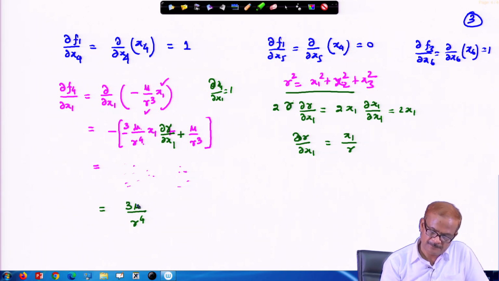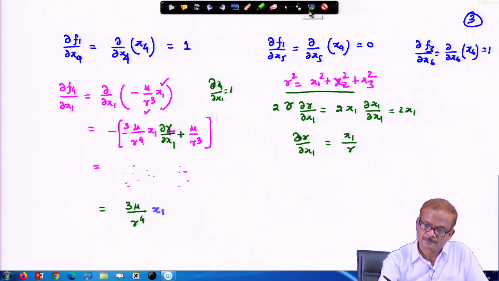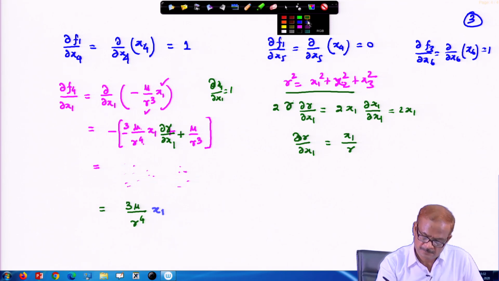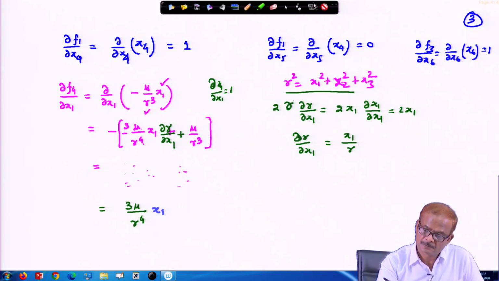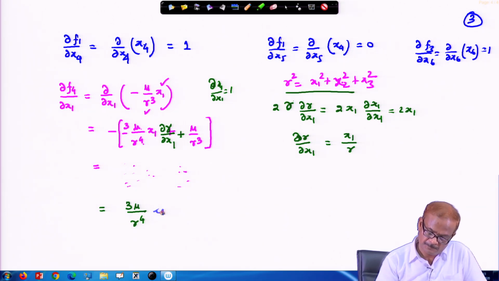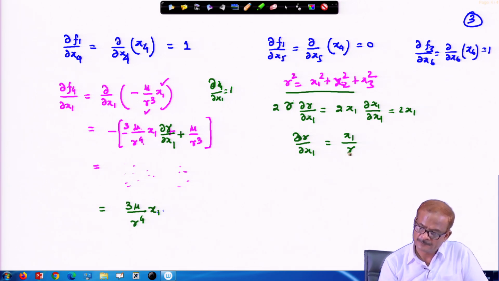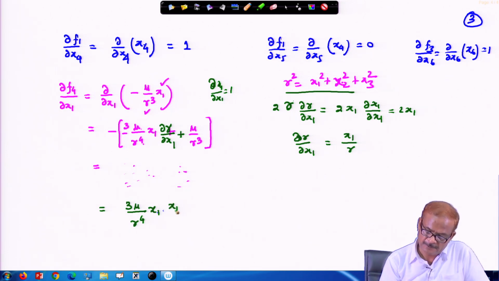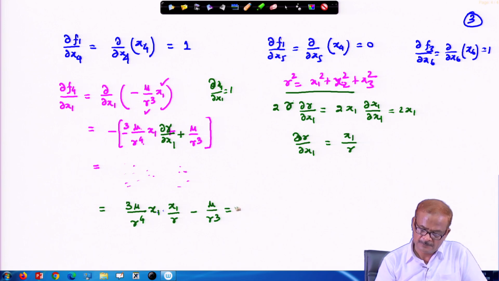So, this is minus minus plus 3 mu by r to the power 4 x 1 times dou r by dou x 1, which is x 1 by r, and minus this becomes mu by r cube.